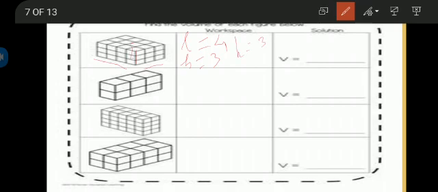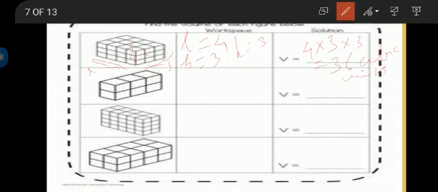Okay, this is your height, length and breadth. So how to find the volume? 4 3s are 12, 3 12s are 36. Okay, total is 36 cubic units.